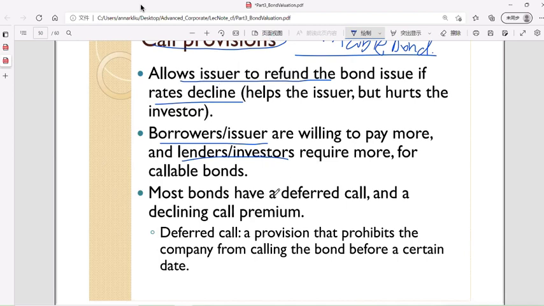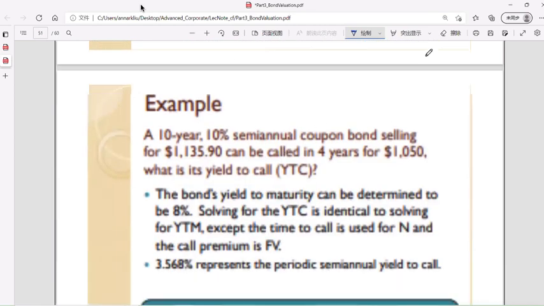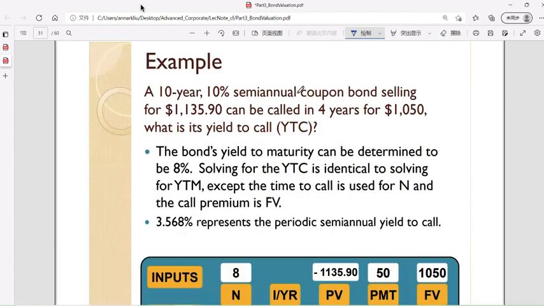So let me say this. We have a 10-year, 10% semi-annual coupon bond selling for $1,135.9.